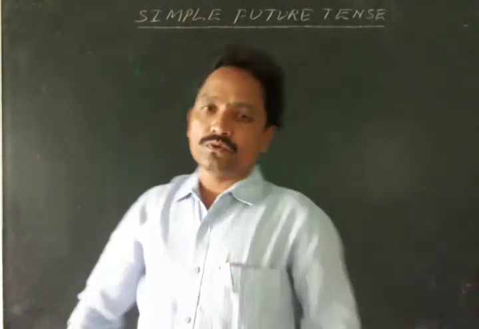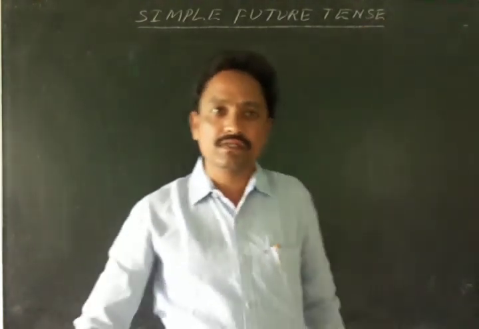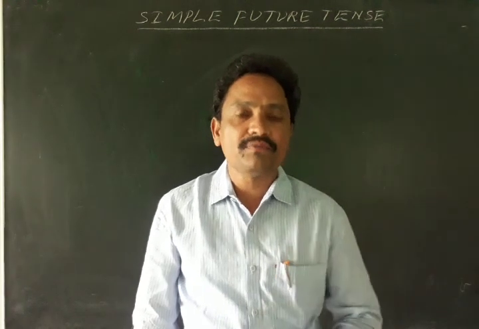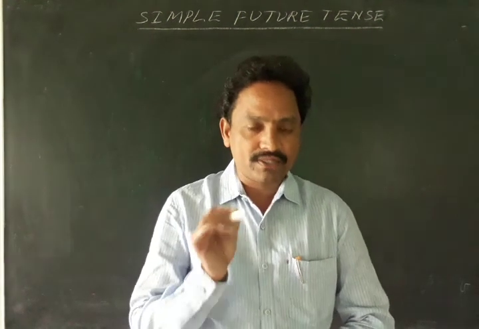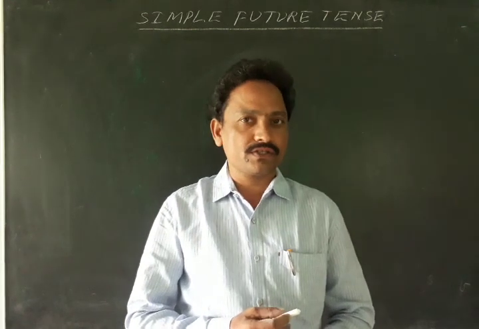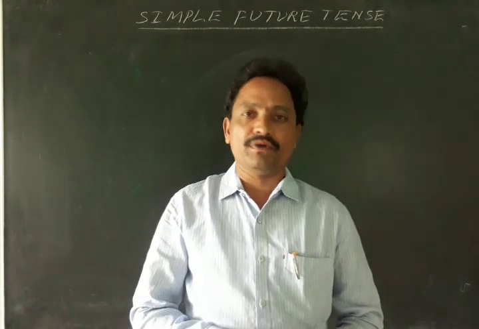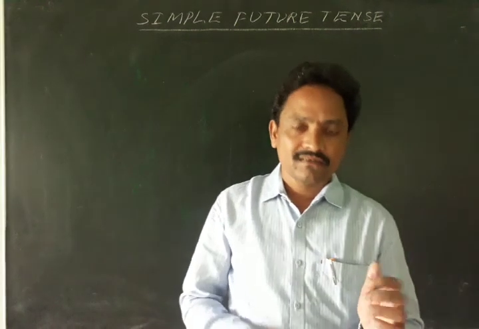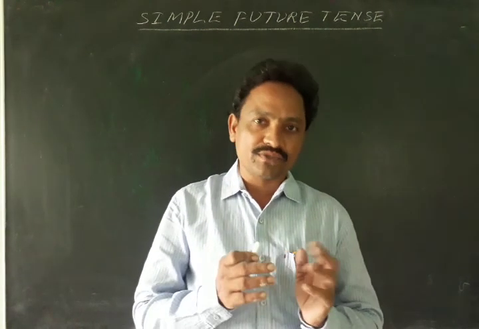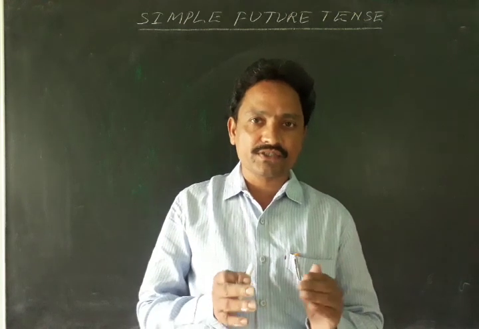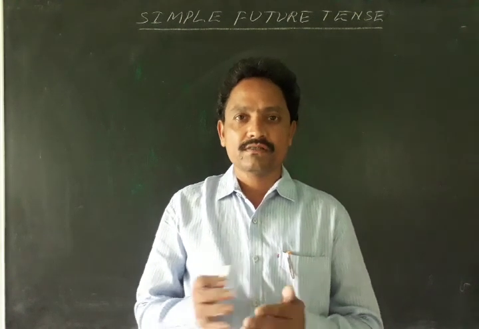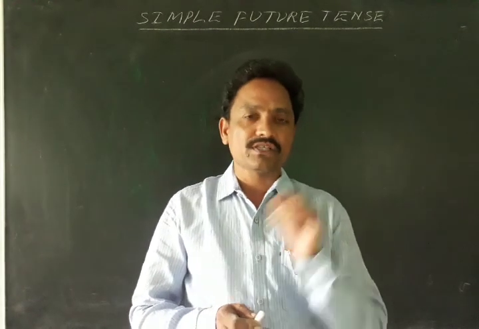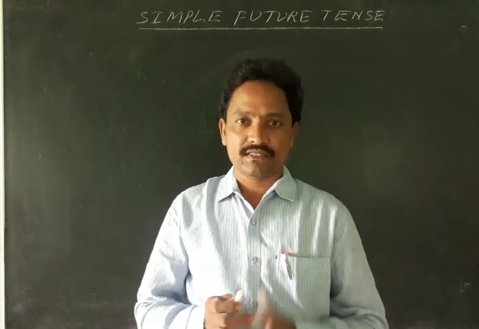Before going to the simple future tense, it is better to remind what is simple present tense and what is simple past tense. Did you remember the structures? I think you remember. Simple present structure: subject, V1, and object. When you come to simple past tense, subject, V2, object.